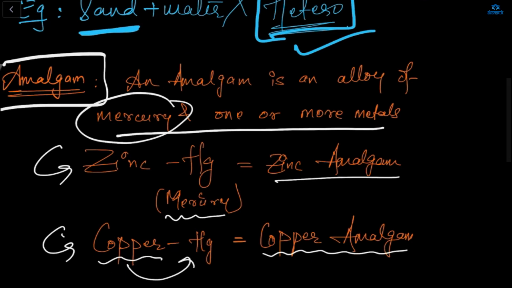Any metal mixed with mercury, which is Hg, becomes that metal's amalgam. Aluminium plus mercury becomes aluminium amalgam. So amalgam is an alloy of mercury. Mercury should be included because mercury is the main thing.